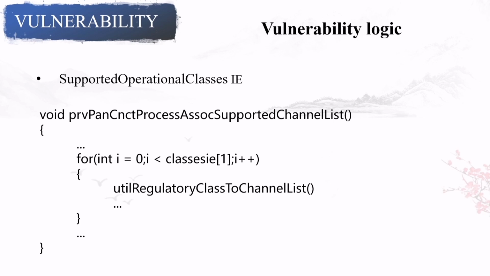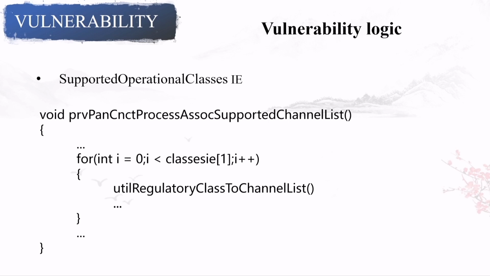From the name of the function, we can know that the function processes the channel list supported by the association frames. In this function, the function that converts operating class to channel list is called in a loop. The function writes 512 bytes to the block of memory each time, and accumulates the memory address.